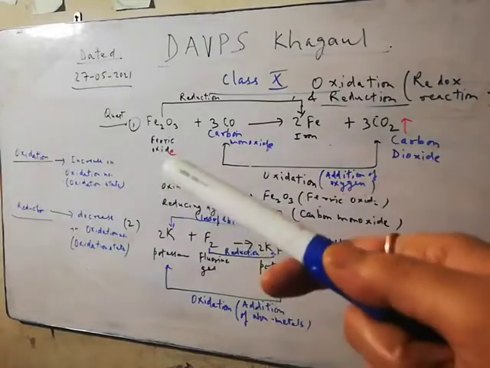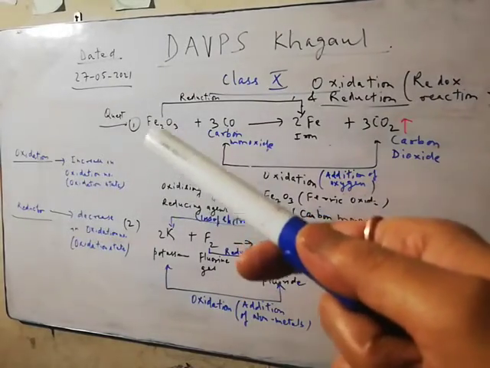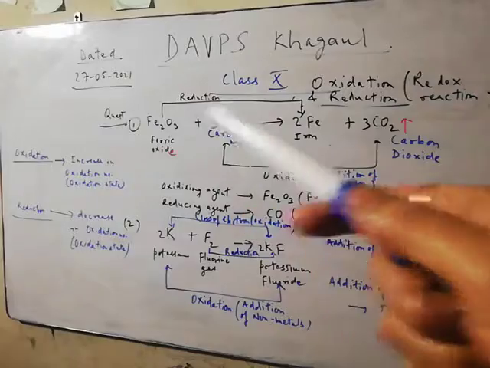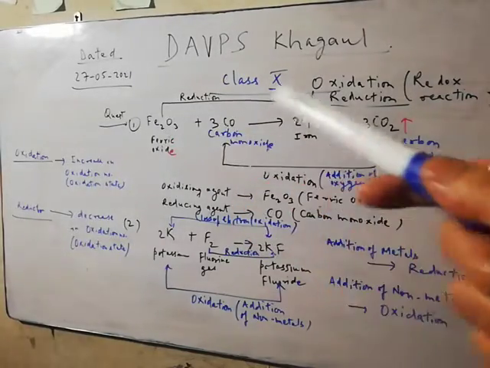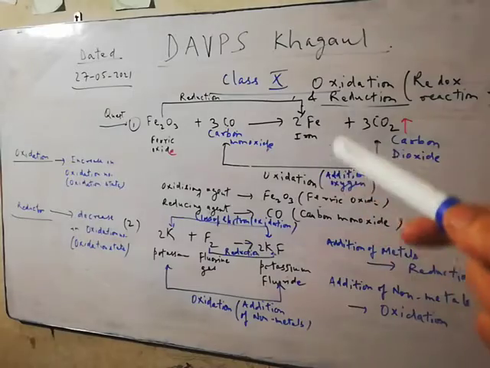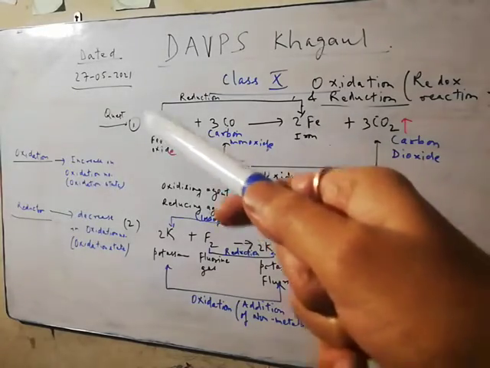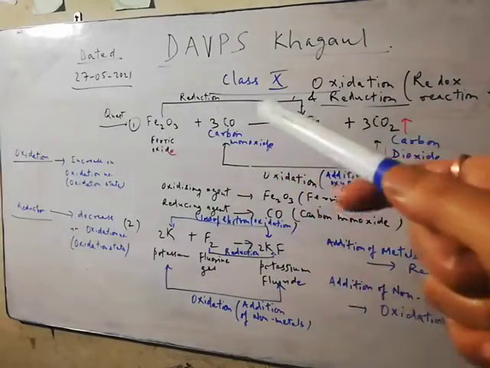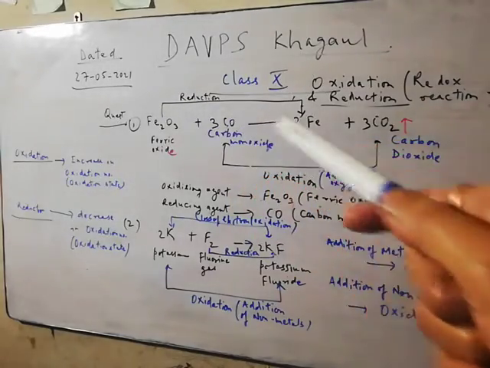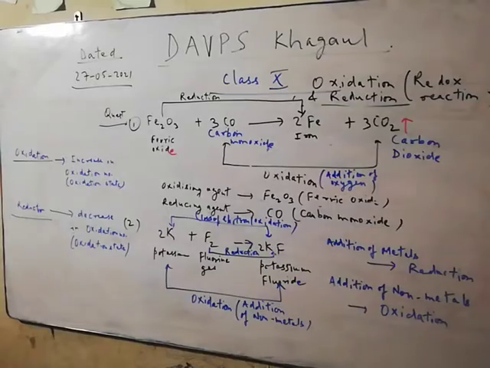How is iron obtained from ferric oxide? Here loss of oxygen takes place. Here oxygen, there no oxygen. So what is loss of oxygen? Reduction. So we see reduction occurs.